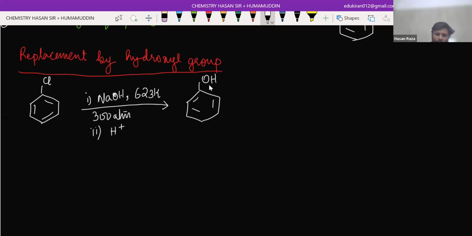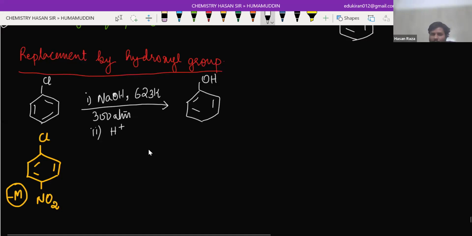But if you want to carry this out in lower conditions, there is a way: just attach an NO2 group to this chlorobenzene. As you know, NO2 is a minus M group, which means it will withdraw electrons from the benzene ring, which will make this chlorobenzene more reactive.